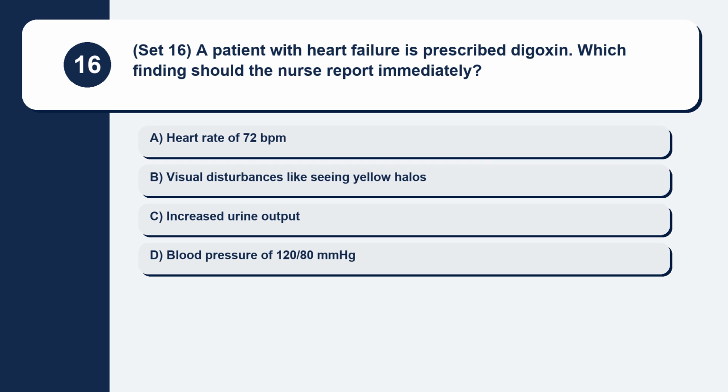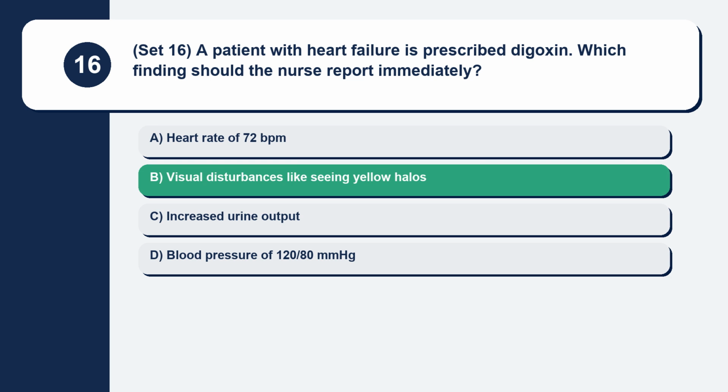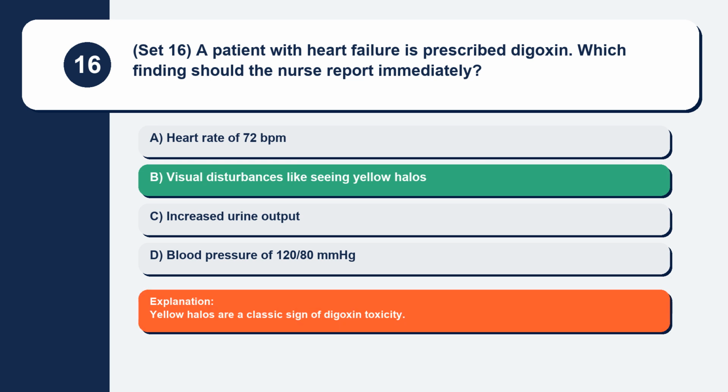Question 16. Set 16. A patient with heart failure is prescribed digoxin. Which finding should the nurse report immediately? Heart rate of 72 bpm, visual disturbances like seeing yellow halos, increased urine output, blood pressure of 120/80 mmHg. Yellow halos are a classic sign of digoxin toxicity.